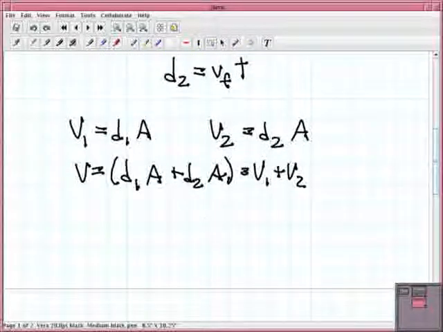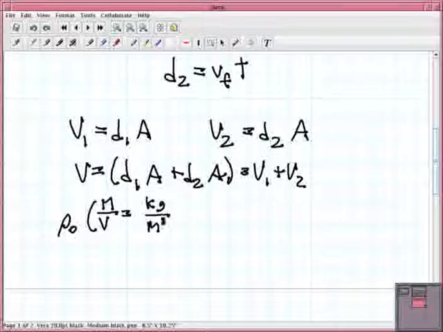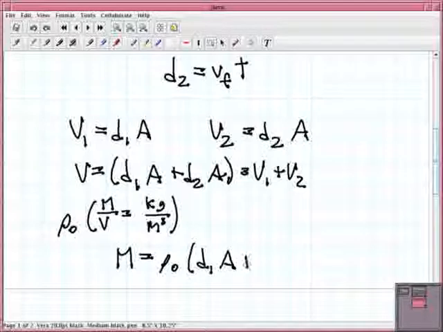Now, the water has some initial density, which we'll call rho 0, density being measured in units of mass over units of volume, or kilograms per cubic meter. The amount of water in this entire region V1 and V2, M, the total mass of the water, is going to be the initial density times the total volume, D1A plus D2A.